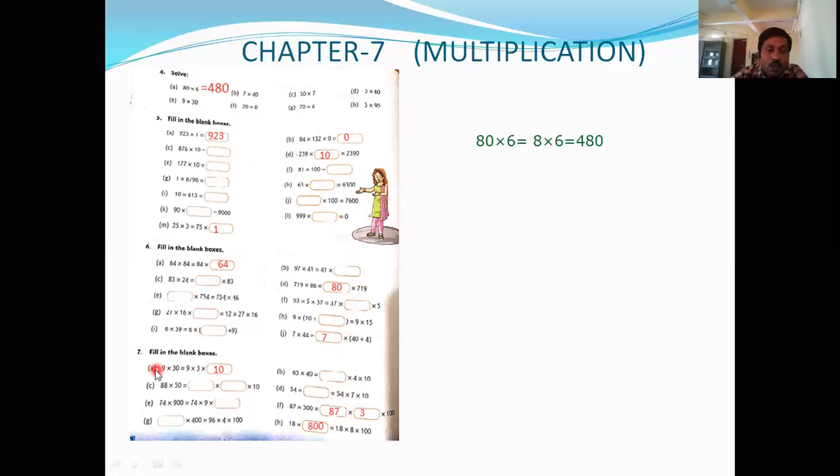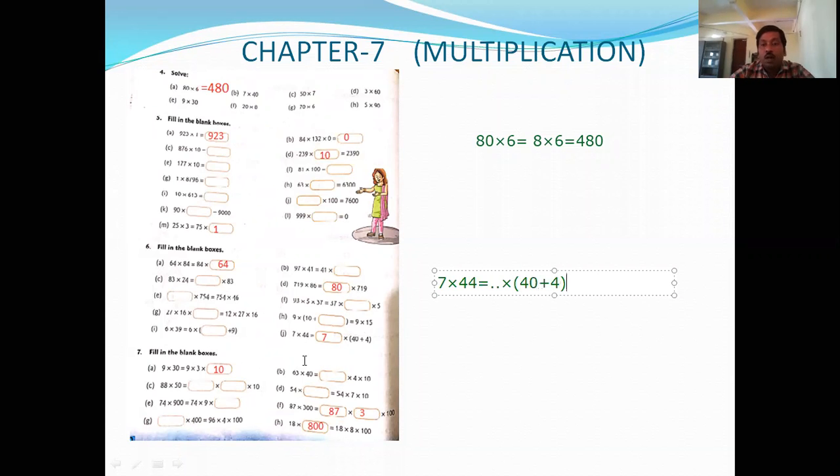Okay boys, now in question number J, 7 into 44, how can we solve it? 7 multiplied by 44. We can write this question in this way. And here is the blank space, and now given the multiply sign, and the brackets given are 40 plus 4.